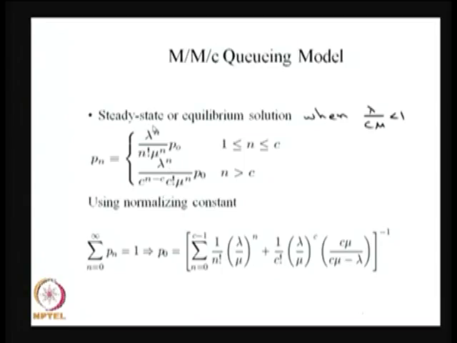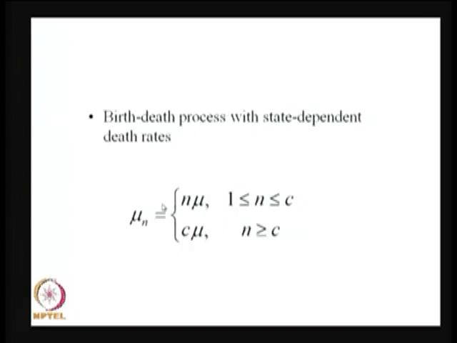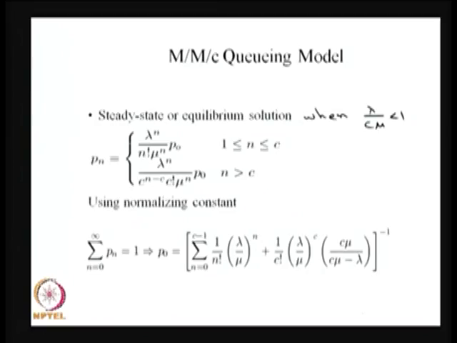Therefore, this is the steady state, also known as the equilibrium solution, for the M/M/C/infinity model. Here we are using the birth-death process with birth rates lambda and death rates given in this form, and the same logic of the stationary distribution for the birth-death process. Using that, we get the steady state or equilibrium solution for the M/M/C model.